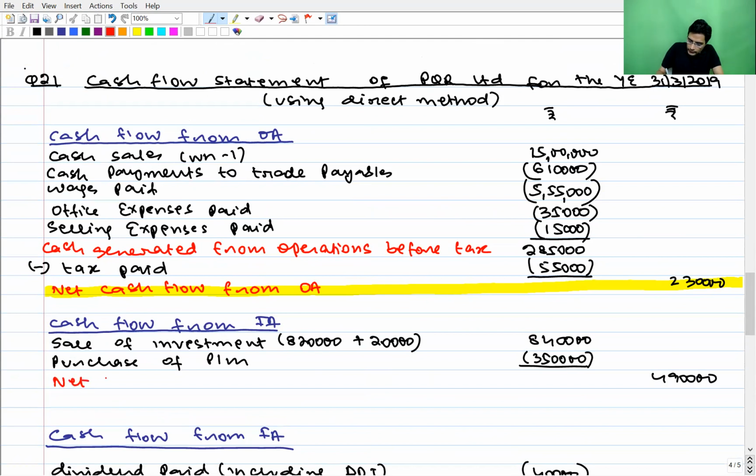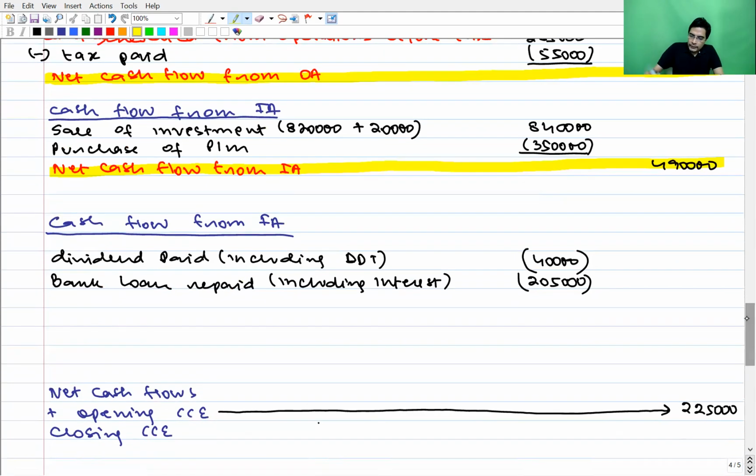This is our net cash flow from investing activity. Then we have to calculate the net cash flow from financing activity, with only two items. So it will be 2,45,000 negative, net cash flow from financing activity. All right, sir.